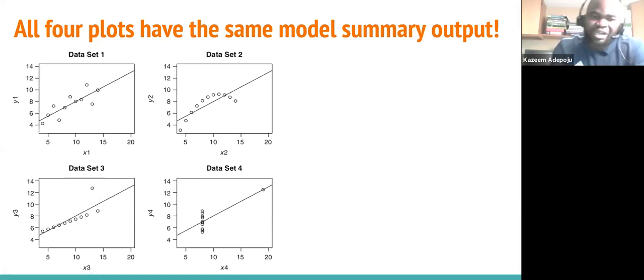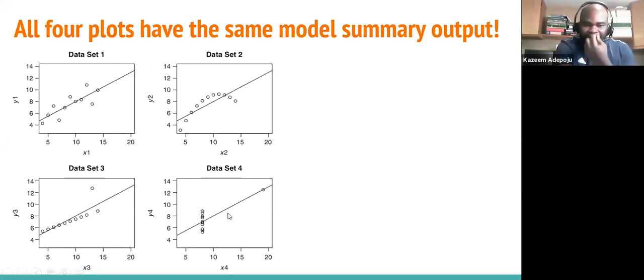We have some outliers that could have a damaging effect, and we also have some outliers that do not have a damaging effect. So we have a way to test whether this particular data point will have a damaging effect or not.